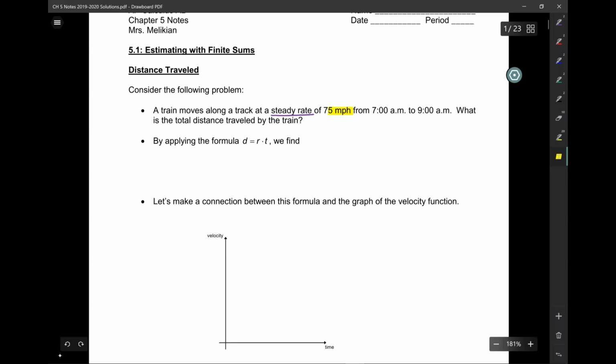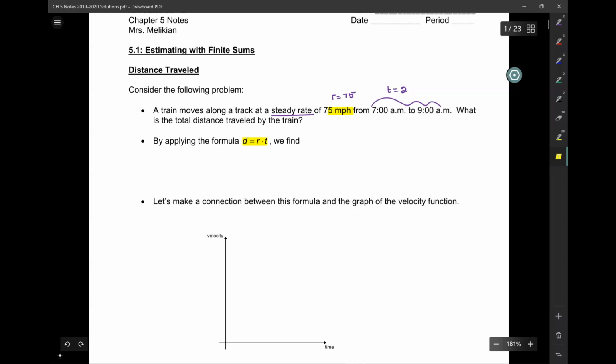So let's talk about what we have here. We're given a steady rate of 75 miles an hour, okay? So we can say that our rate is 75. And if this train is traveling from 7 a.m. to 9 a.m., then that's a length of 2 hours. So my t is equal to 2. Okay? So we go to our very basic formula about distance and rate and time.